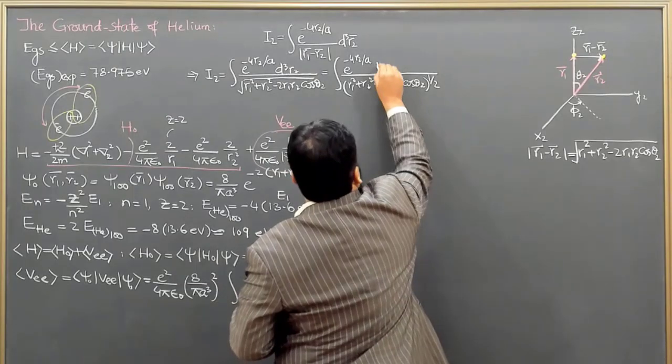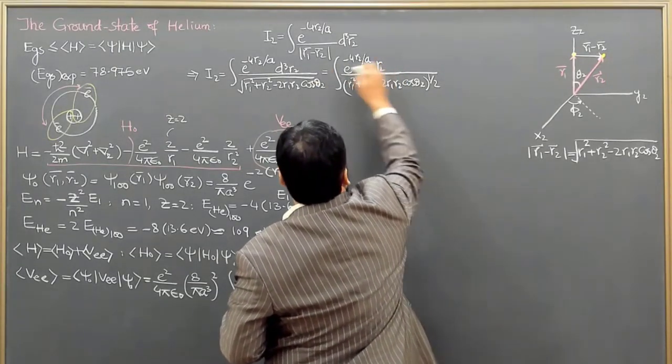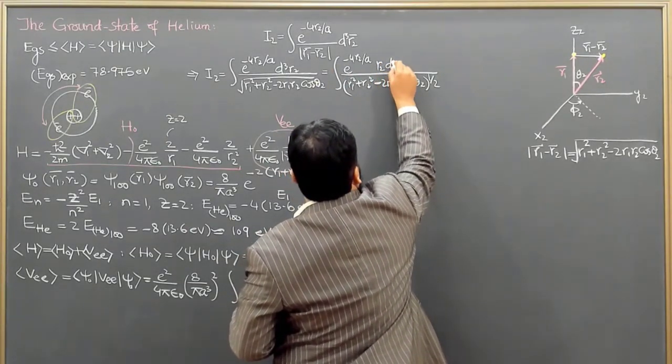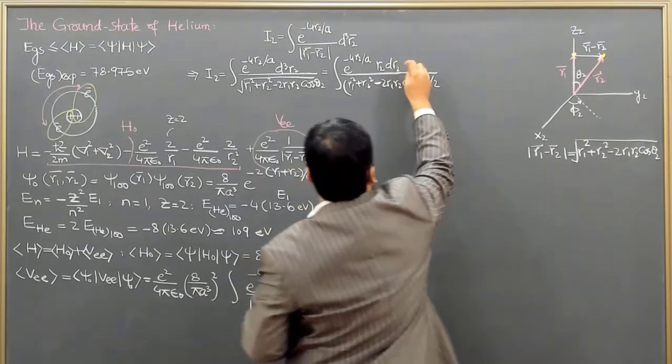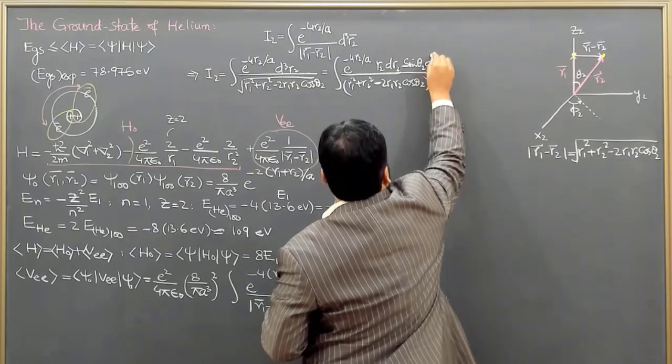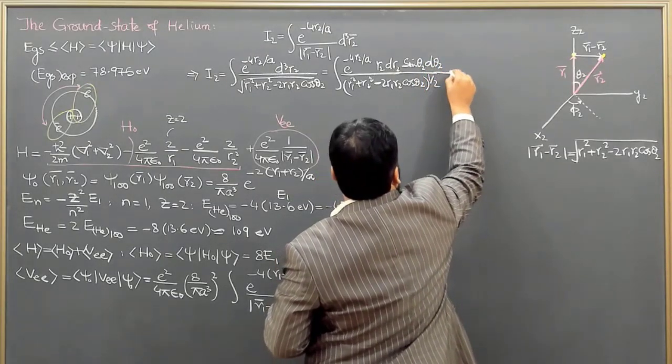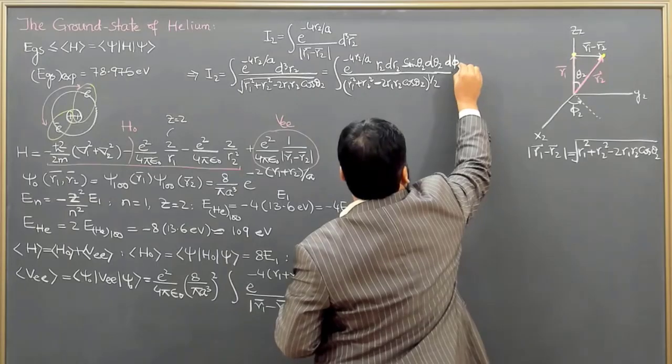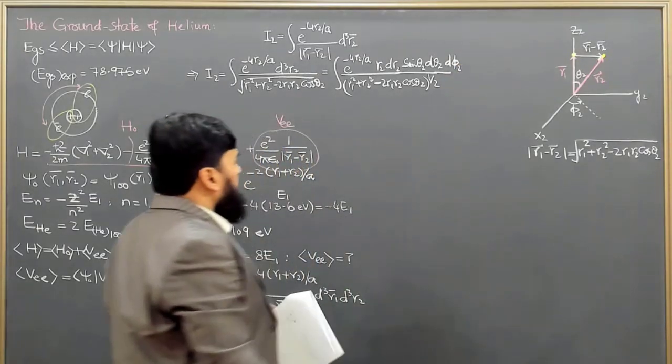So I will write it in terms of r2: r2 dr2, then sine theta 2, d theta 2, and d phi 2 here.